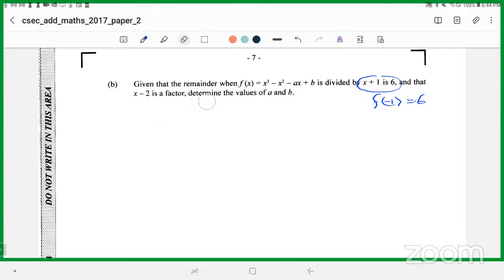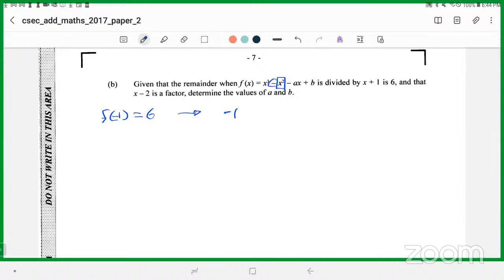All right, so let's write it out. So the first piece of information was that f of negative 1 gives a remainder of 6. The remainder f of negative 1 is 6. That's going to give us our first equation by substituting negative 1 here and there for the x. Let's write it out. So plug the negative 1 here and cube it, it becomes negative 1. Plug the negative 1 here on the square, becomes a positive 1.